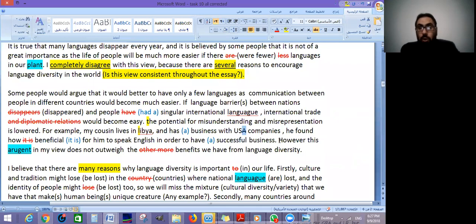However, okay, so here Saif is actually kind of refuting the idea because he totally agrees. However, I think his argument here is kind of a bit messed up. In my view, does not outweigh the benefits we have from language diversity.